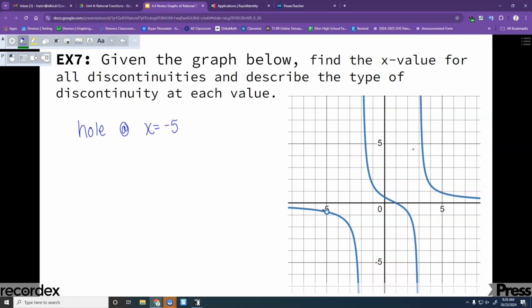All right. How many vertical asymptotes does this one have? It's got 2. So vertical asymptotes at where? Okay, -2 is right here. I think that looks good. And +3 is right here. I think that looks good as well.